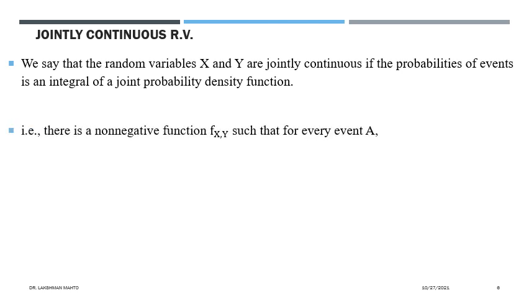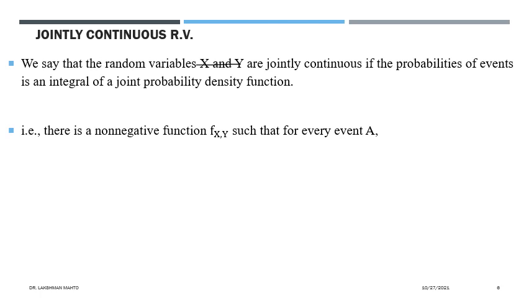That means there exists a non-negative function, which we call the joint density function f of xy, and it is defined over the real plane, because here we have taken only two random variables. If you take two random variables together, they span a plane, here the real plane, and any subset of that plane would be an event of this jointly continuous random variable.